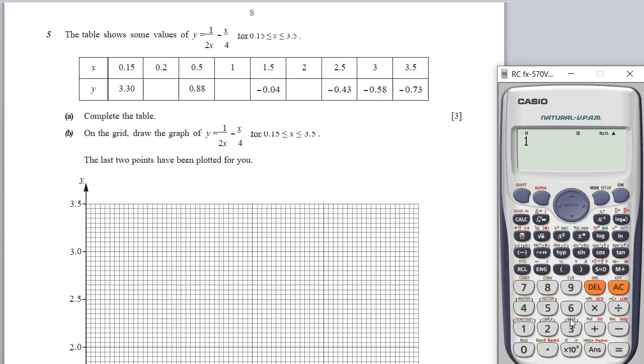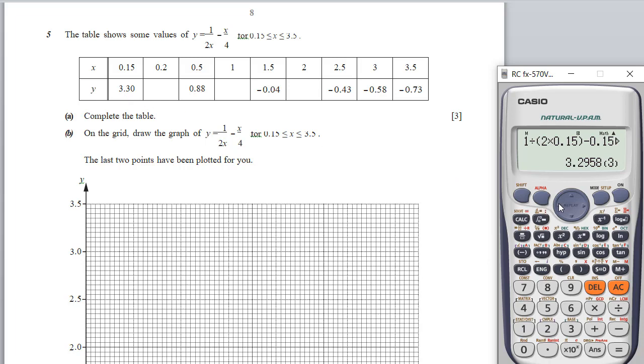We have 1 divided by, and then open the bracket, 2 multiplied by, let us try the first one, 0.15, minus 0.15 divided by 4. So the first value here is 2.3.